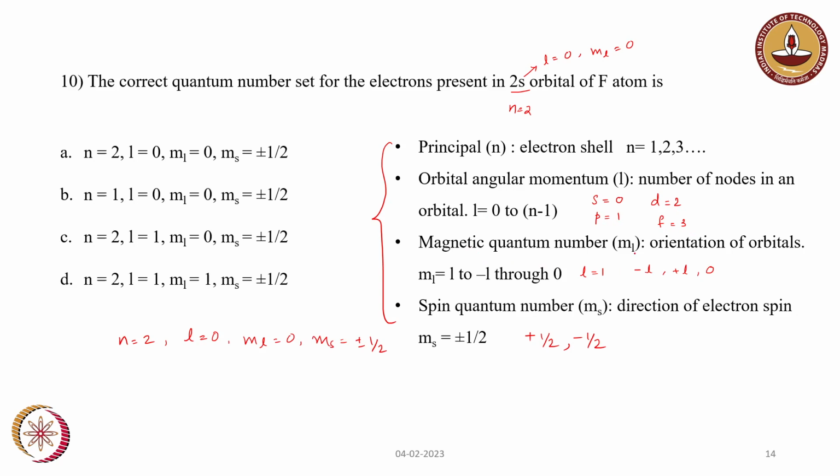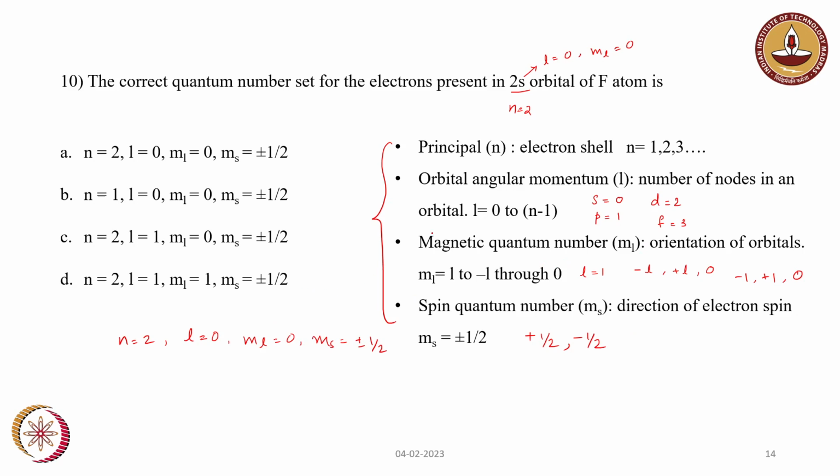And the magnetic quantum number ml gives the orientation of orbitals. ml ranges from minus L through 0 to plus L. That is, if L is 1, we'll have minus 1, plus 1 and 0. And the spin quantum number ms gives the direction of electron spin, and it will be either plus half or minus half, and it does not depend on any of the other quantum numbers.